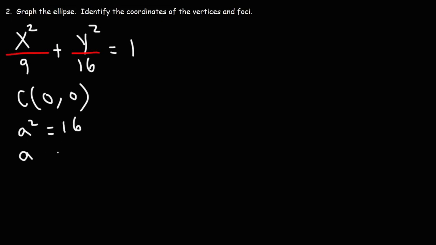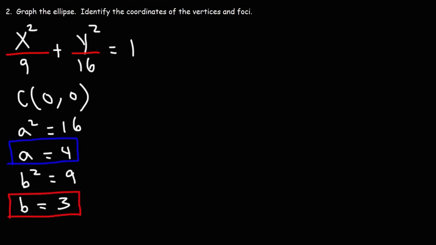Once we have a squared, we need to calculate a. a is going to be the square root of 16, which is 4. b squared has to be the other number, 9. Thus b is going to be the square root of 9, which is 3. So now that we have a and b, we can go ahead and graph the ellipse.